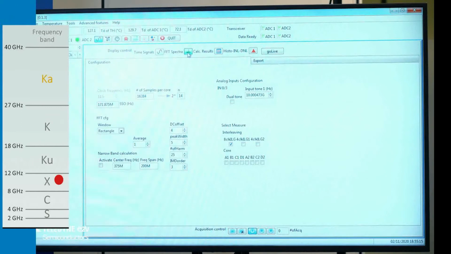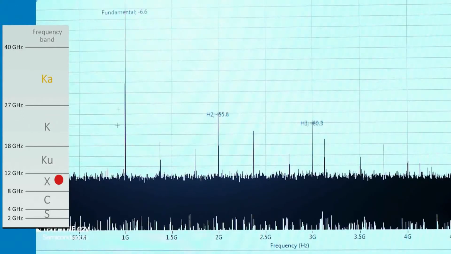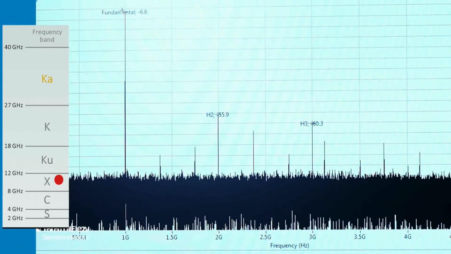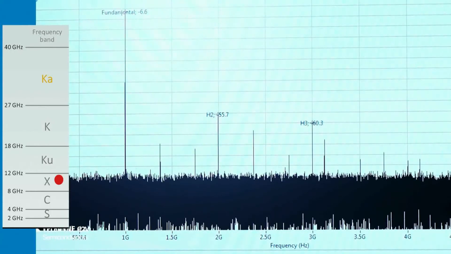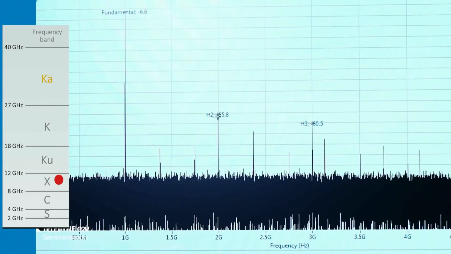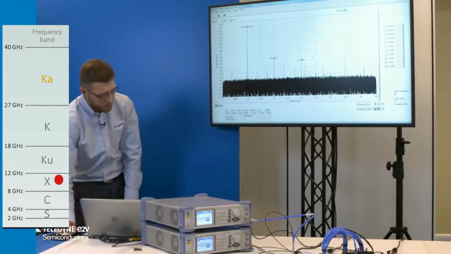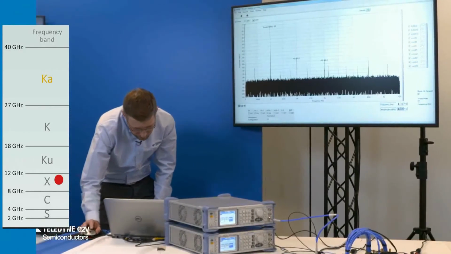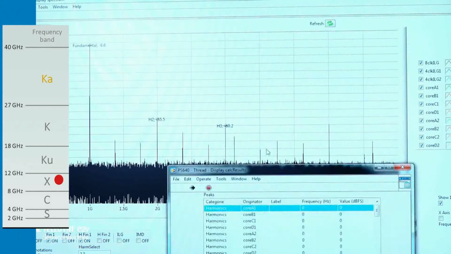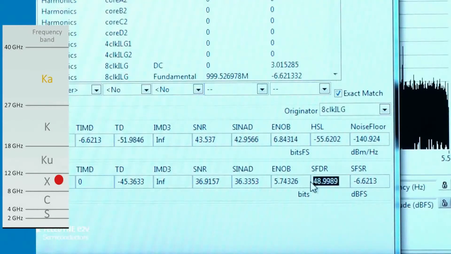And in terms of spectrum, here you can see the fundamental tone has moved to 1 gigahertz, so folded back from 10 gigahertz. You can see here the second harmonic at 55 dB from the full scale. In terms of performance, the SFDR is still around 48, 49 dB relative to the carrier.